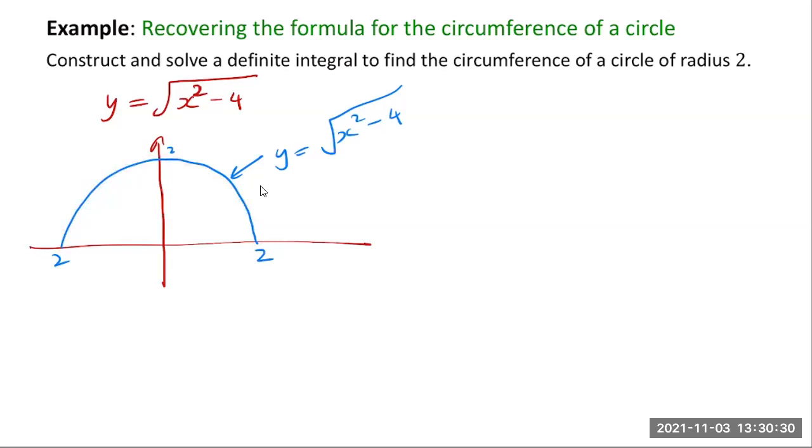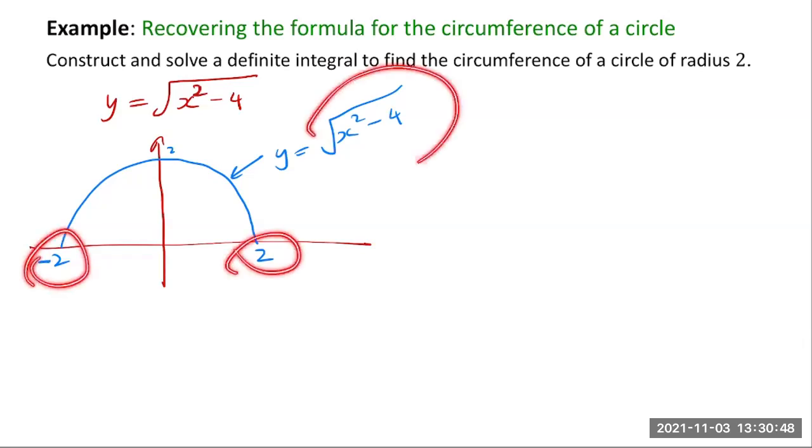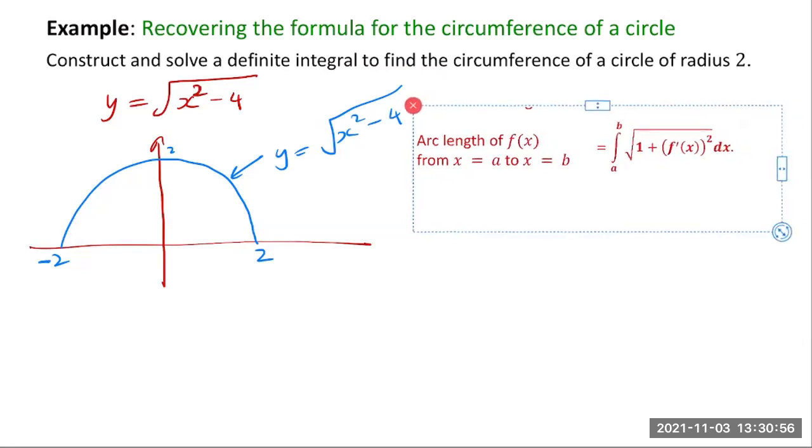How do we find that arc length? That is not bad, because we now have a formula to find the arc length of a given function on a given interval. Here the interval is -2 to 2. I know the function, so I can find the arc length using the formula that we discussed. Here is the formula.